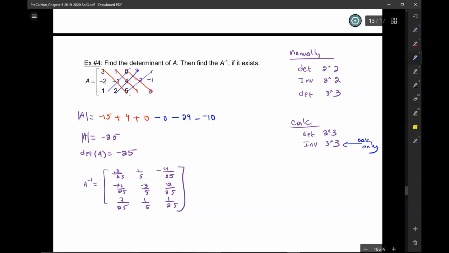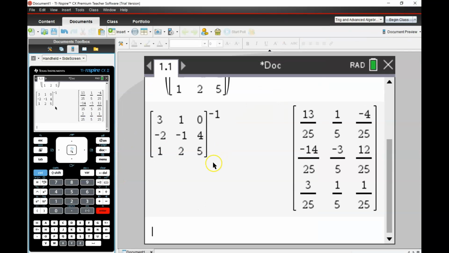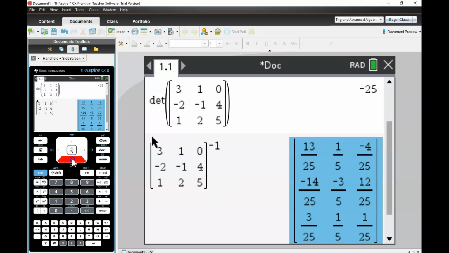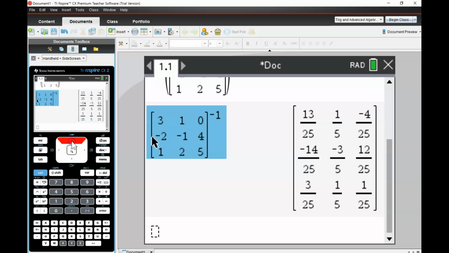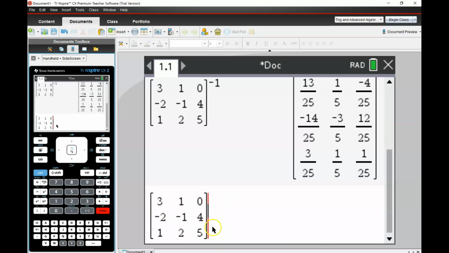Now, let's go back to the calculator. I'm going to show you a couple of other things. Suppose you did want that matrix. What you can do is press the up arrow button until you find the matrix that you want. When you press enter, that brings it down here for you in editable form.